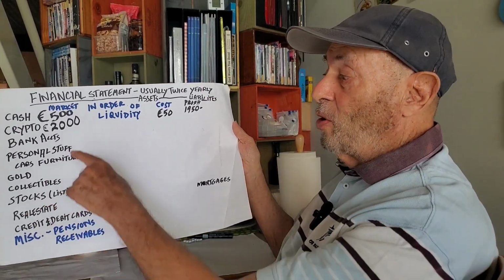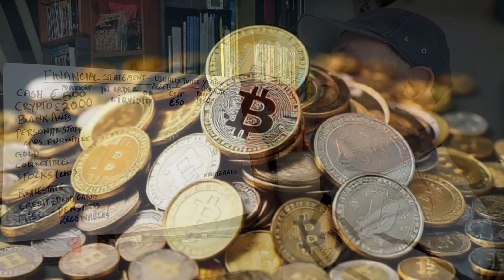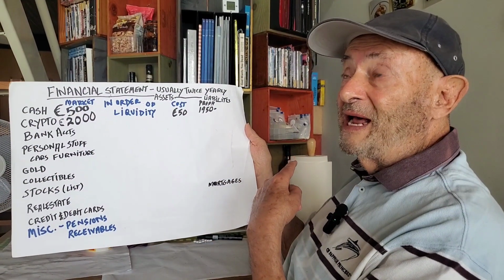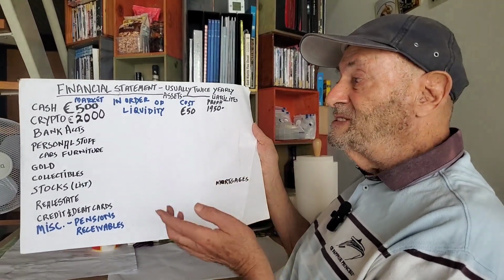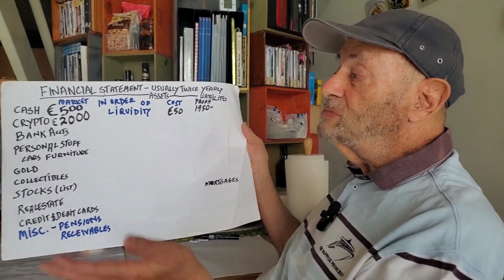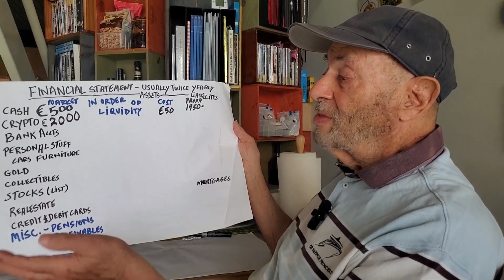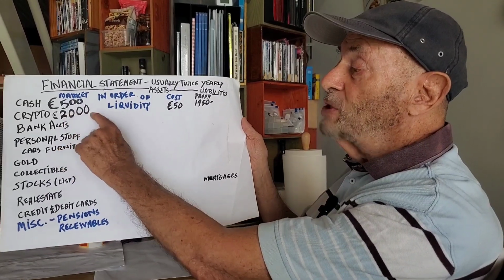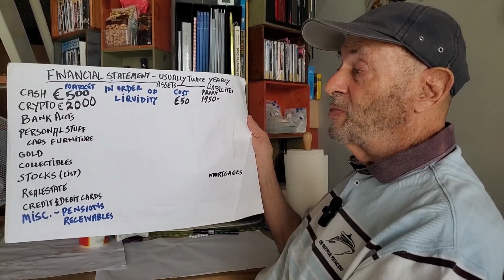Now, the next category will be crypto. Let's say you bought some Bitcoin a couple of years ago, or Dogecoin, or ETH or Ether. You looked at it today on the internet, and you figure out exactly what it's worth today. We'll say $2,000.